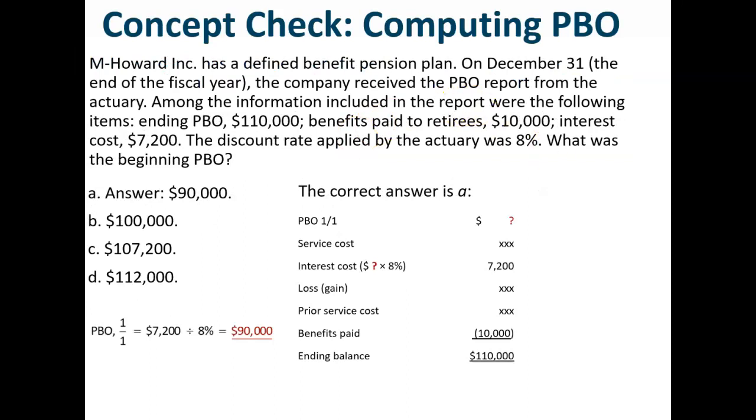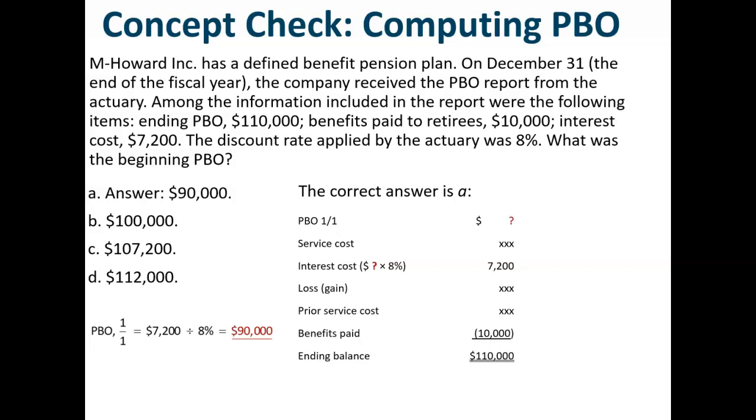The correct answer is A, $90,000. As I'm sure you're aware, there are several pieces of information about the PBO that are missing. In addition to not knowing what the beginning balance is, we also do not know what the current year service cost is, and if there were any gains or losses or prior year service costs.